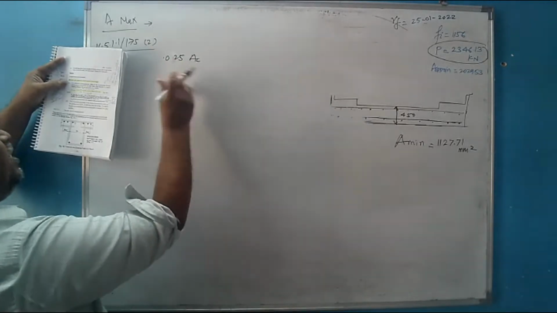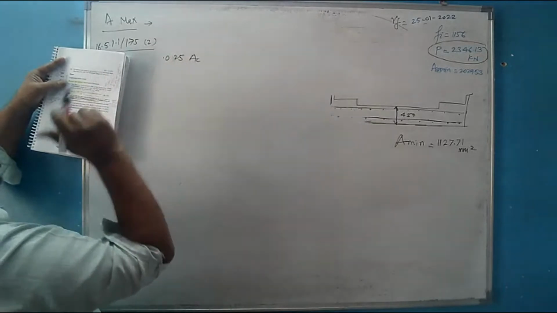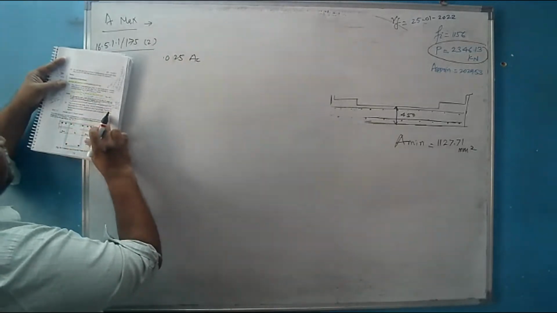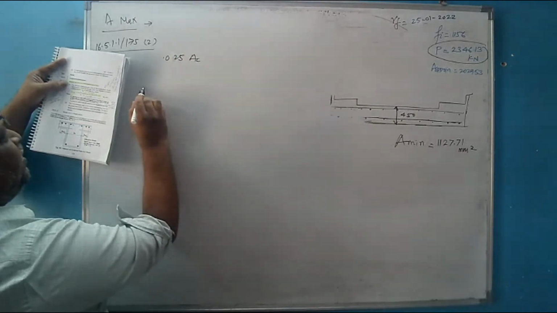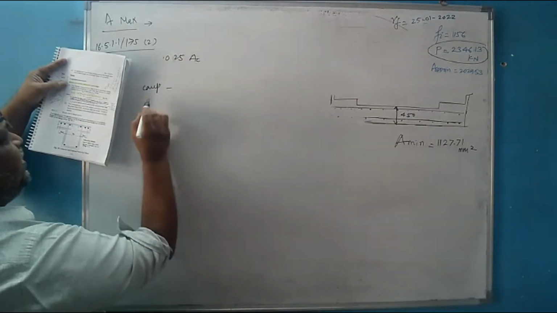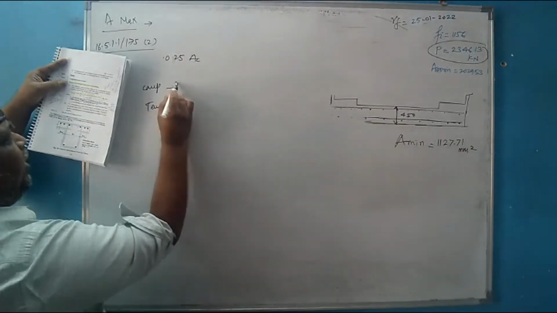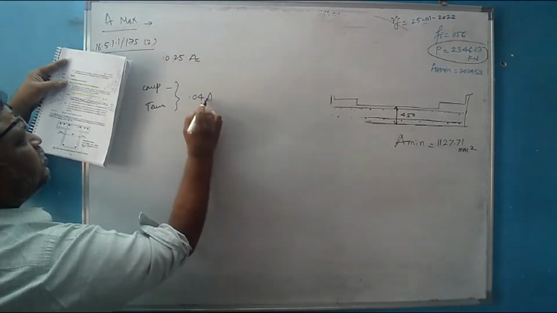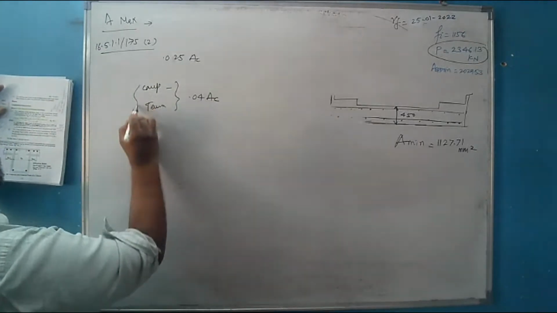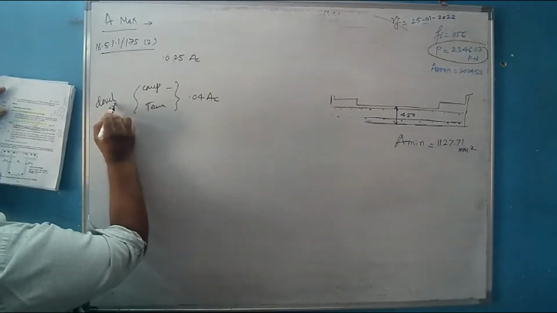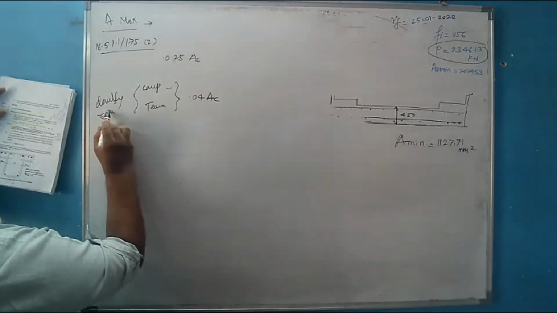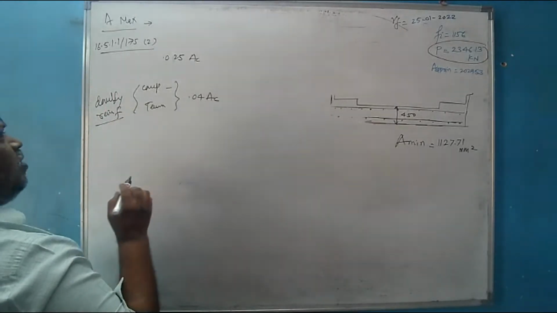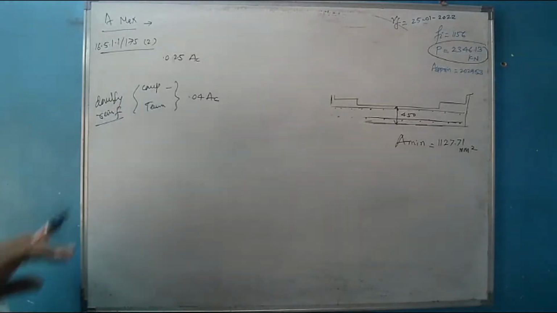Ac is nothing but the gross cross-sectional area. The total area of tension and compression shall not be more than 0.04 times the gross area, when a doubly reinforced section is being discussed. That is the maximum area of steel that can be provided.